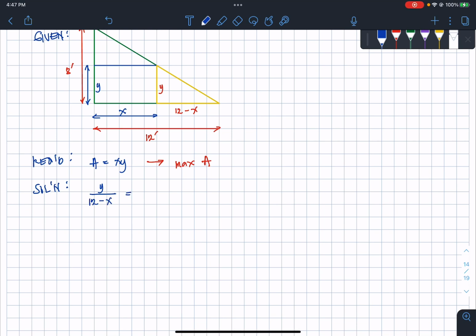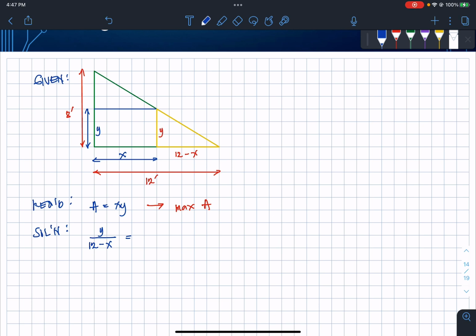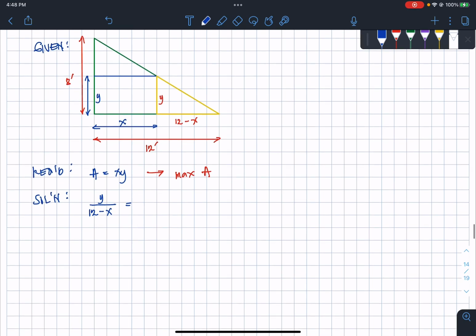Then for the larger triangle, since we are just equating the height as well as the base, we don't need to square it. So y over 12 minus x is equal to 8 over 12. That is the relation we can get.